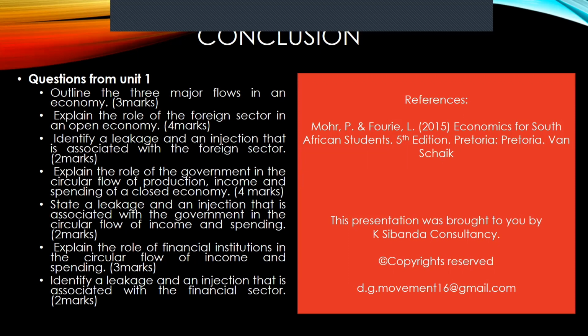That part of your module guide, I did summarize it when I was talking, because remember, it's the introduction to macroeconomics. It gives you an overview of what macroeconomics will cover. When you look at the circular flow of income, all those other units that you're going to cover, you can actually find them in the circular flow diagram.